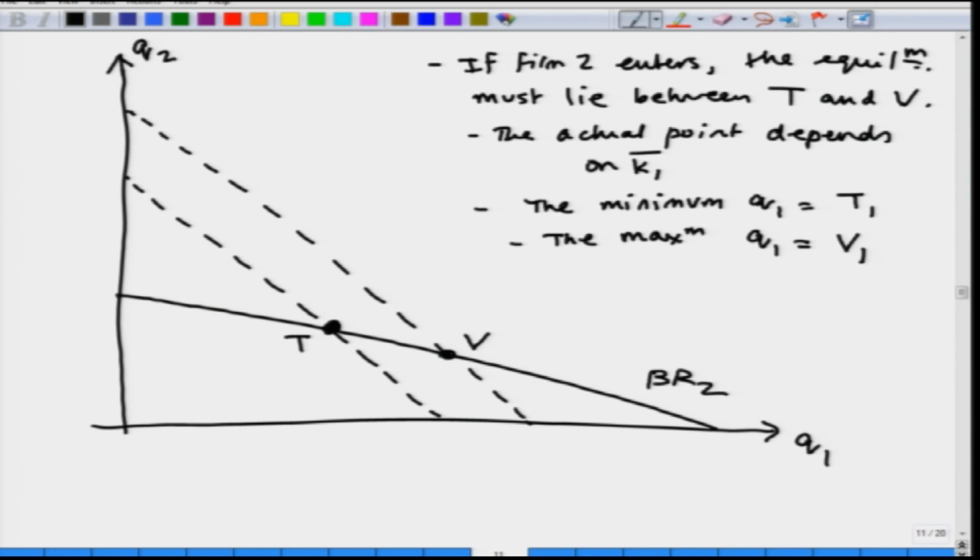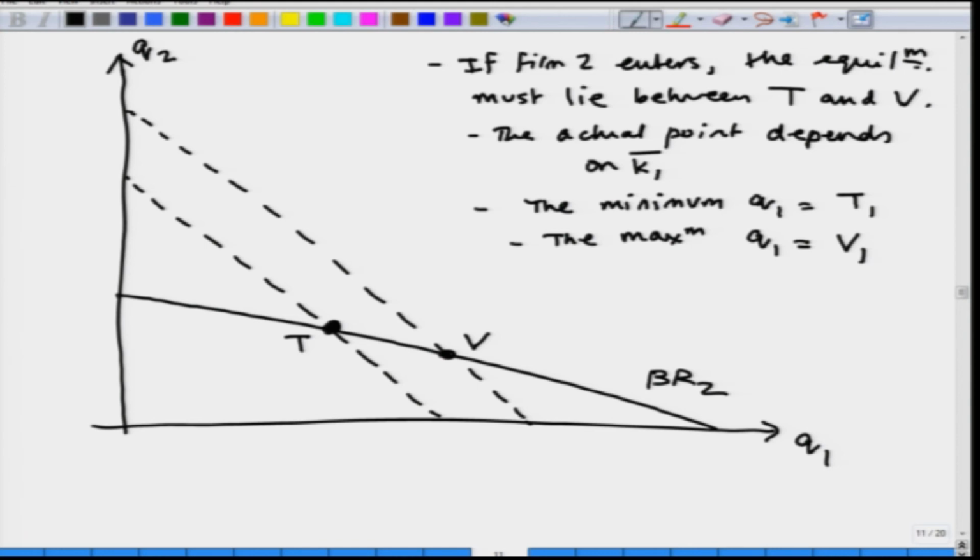Okay. Now, we figured out what is happening in stage 2, which is the Cournot outcome, which is going to be somewhere between T and V. The exact location will depend on K1 bar, but we have also figured out that the minimum output is Q1, which is T1. So, that also tells us that the minimum capacity that firm 1 would want to set is going to be at T1, and the maximum capacity that it wants to set is going to be V1.